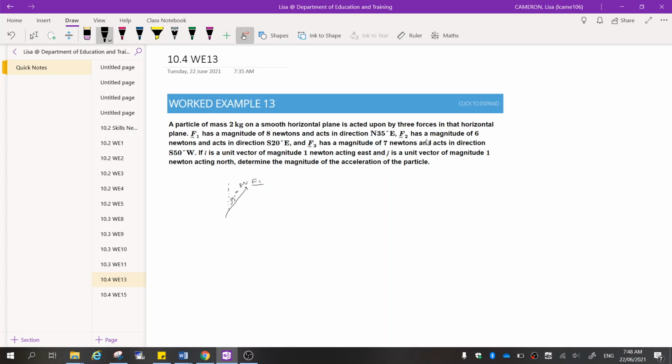Okay, the next one has a magnitude of 6 newtons and acts in the direction of south, 20 degrees east. And that is 6 newtons, F2. Okay, F3 has a magnitude of 7 newtons and acts south 50 degrees to the west.